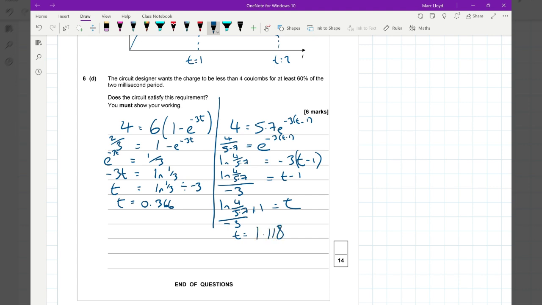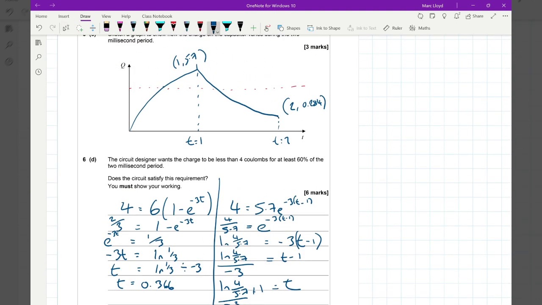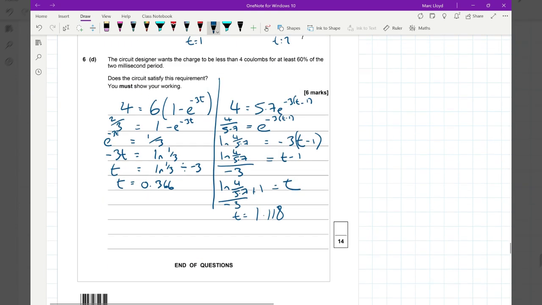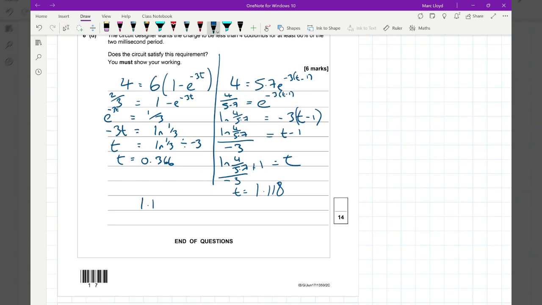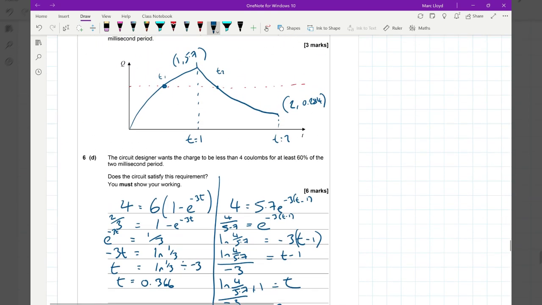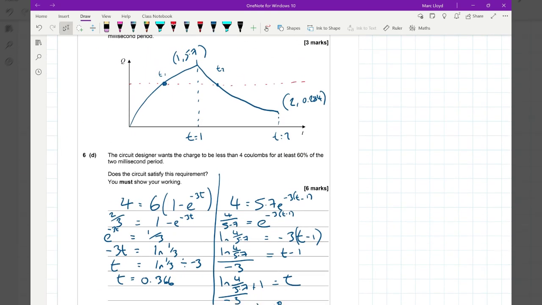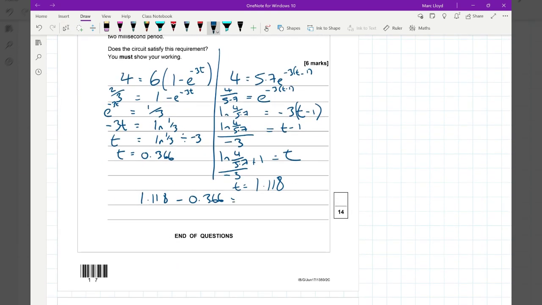That's when it hits 4 on the way down, we've just worked out that bit. If we do t2 minus t1, 1.118 take away 0.366, that's going to tell me the time that it's below this line. 1.118 take away 0.366 is 0.752.